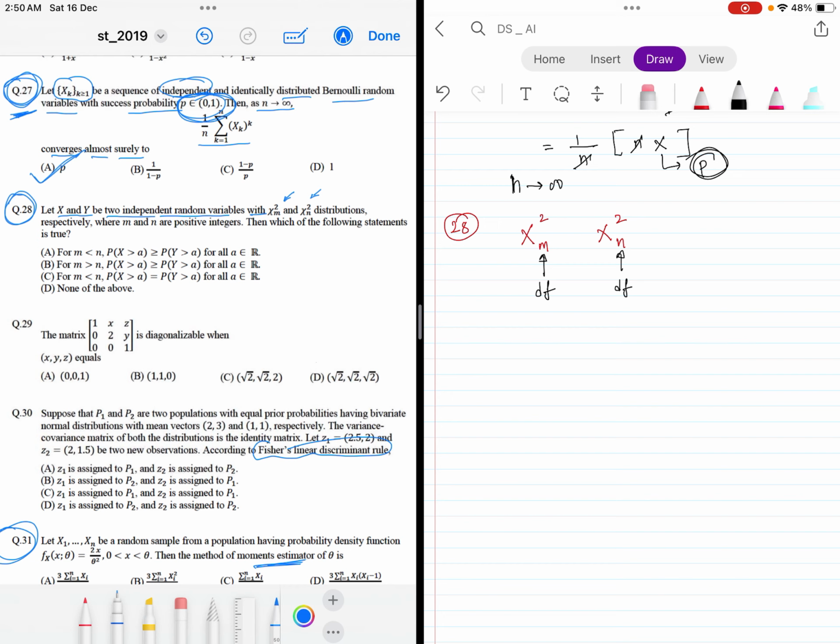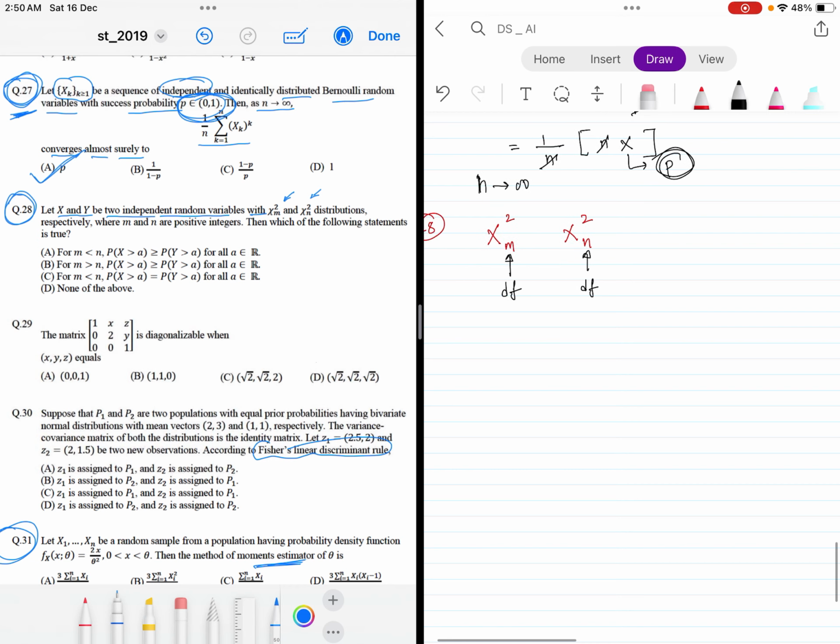And what does this degree of freedom tell you? It tells you how many squares of normal distributions you have added up, right? So suppose if m is 1, then that will be equal to chi-square 1.